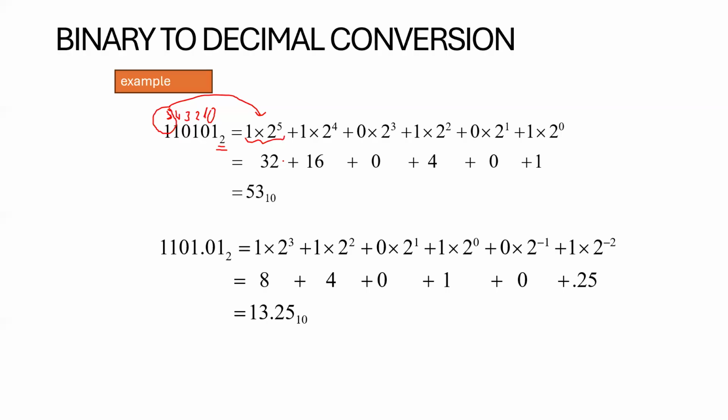The power of 2 is 5 now. Then we are calculating this structure's result, digit by digit, and after the summation, we will get this decimal number as a result. Okay.